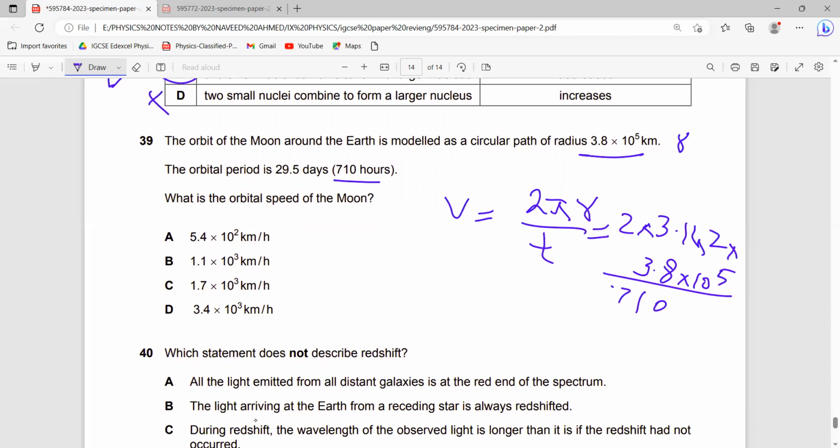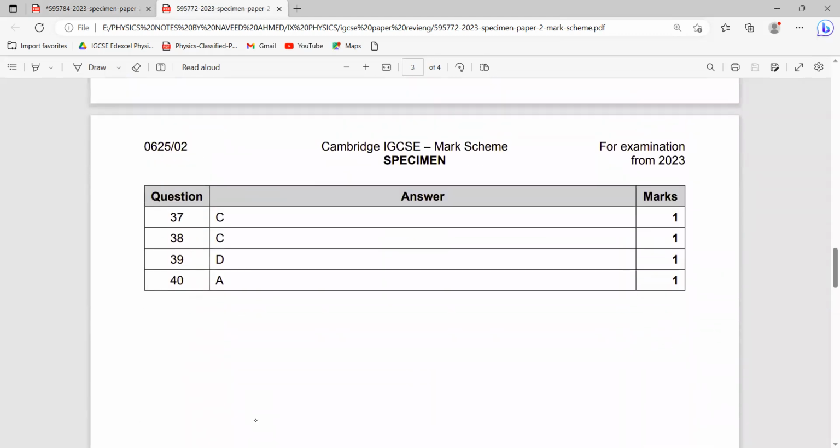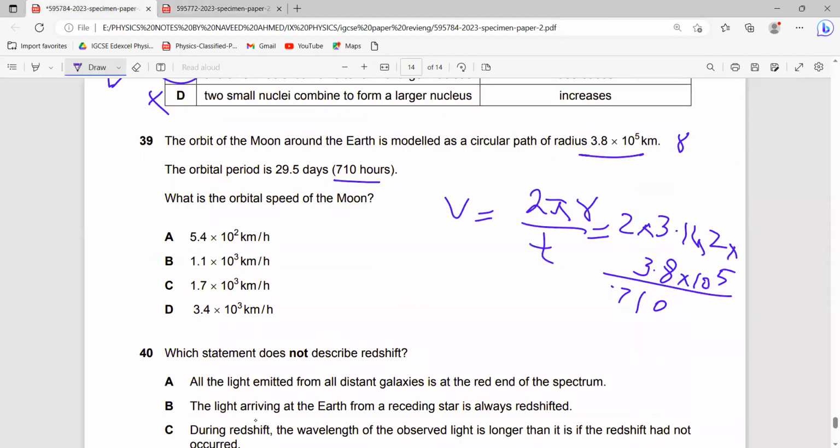Okay, when you solve it, you get the answer D.